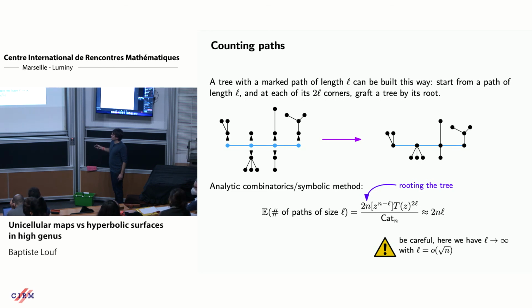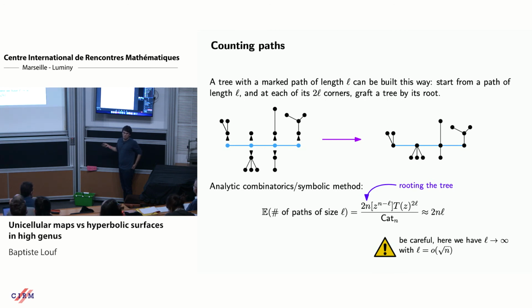You take the right coefficient so that it has the right size. You multiply by this 2n because you need to have a root. I didn't talk so much about the root, but I think the others define what it is, so I'm good. And you calculate, and you get this. This is equivalent to 2nL.